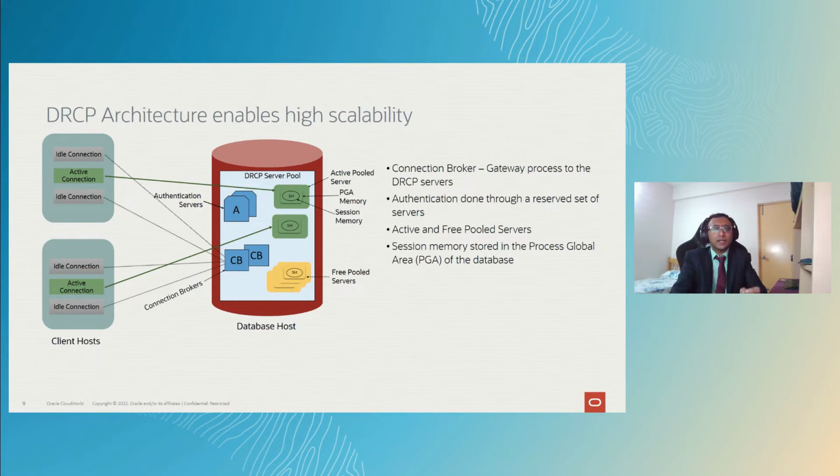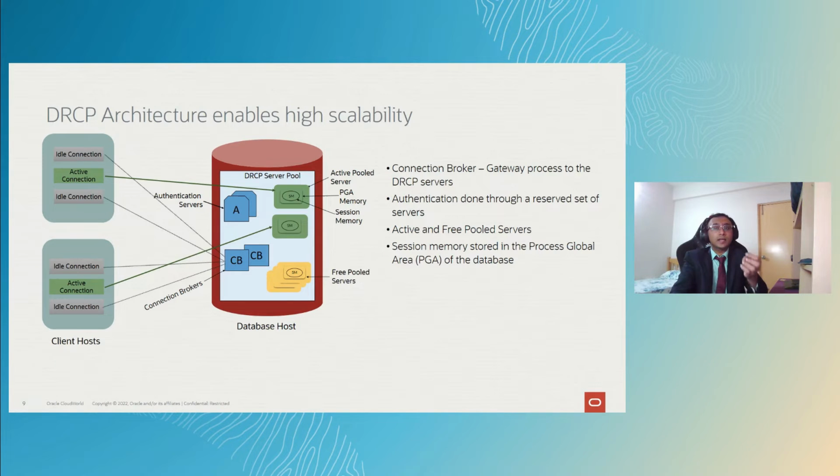Applications will generally request connections from DRCP by communicating with a background process known as the connection broker, that you see on the screen. There can be multiple connection brokers as well, or a single connection broker, which can be load balanced. The connection broker will multiplex the pooled server processes on the database side among the inbound connection requests from the clients or applications.